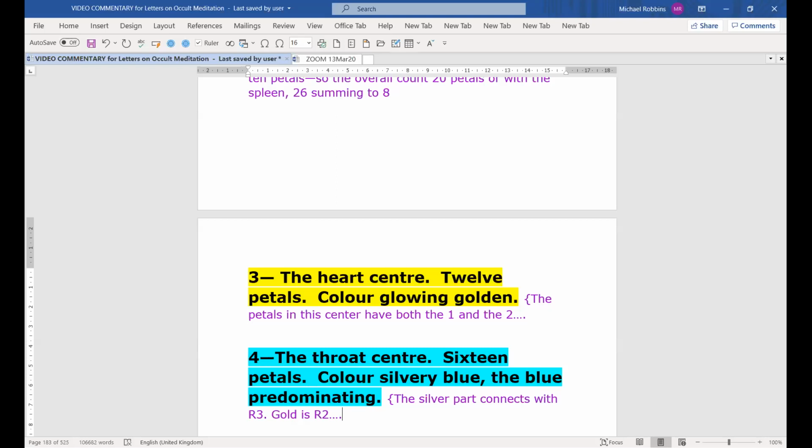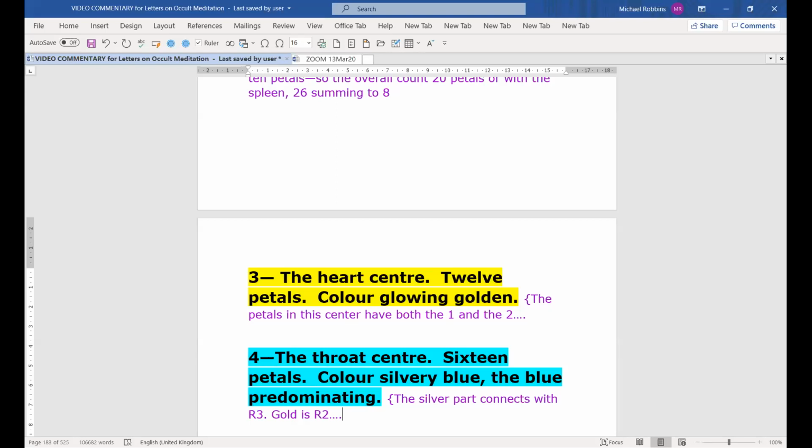Remember, Judas apparently sold out the great Lord, or Jesus really, for 30 pieces of silver. So the symbolism is there in the number 3. Blue will be the blend of the second ray, and then with silver, the second and third ray together.